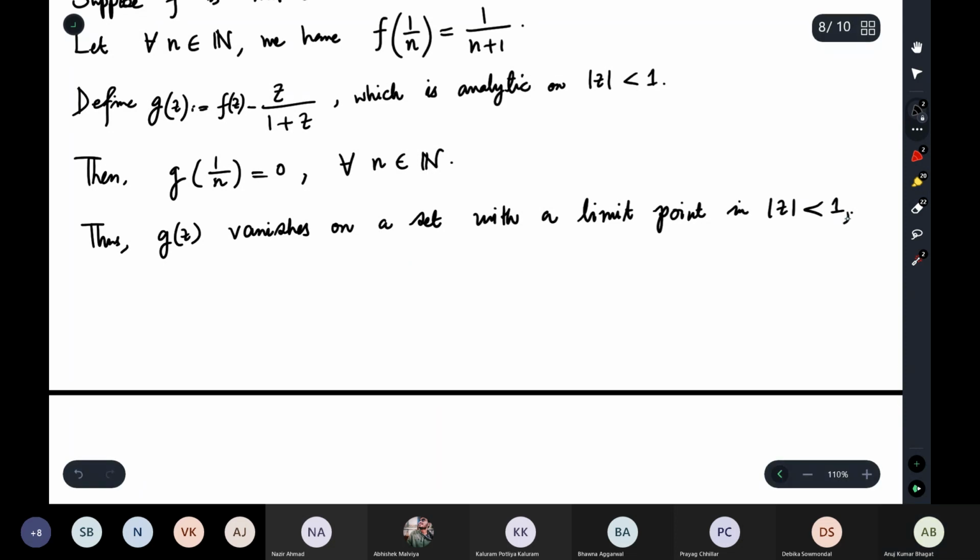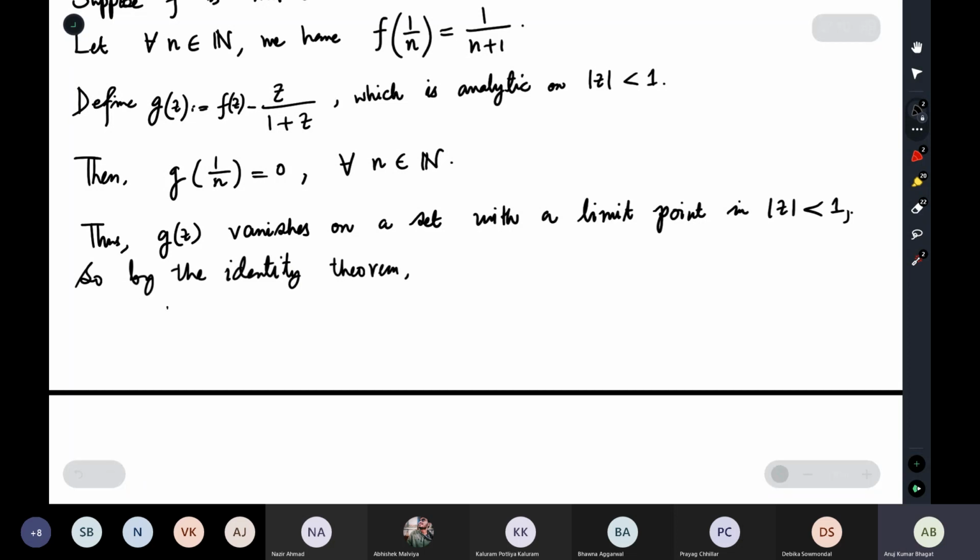So by the identity theorem, g of z will be identically 0 in the whole domain.